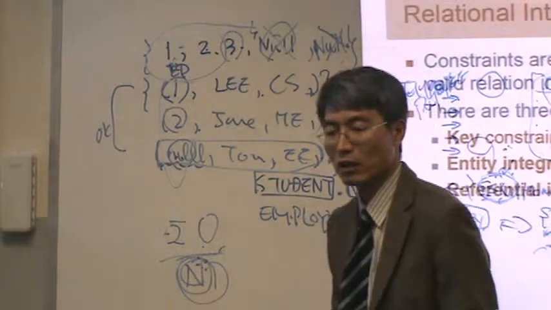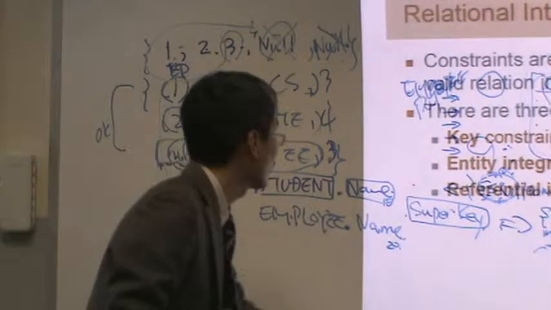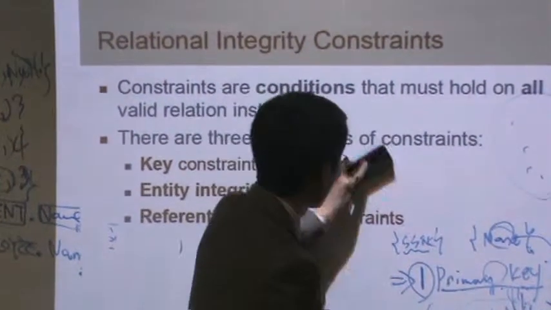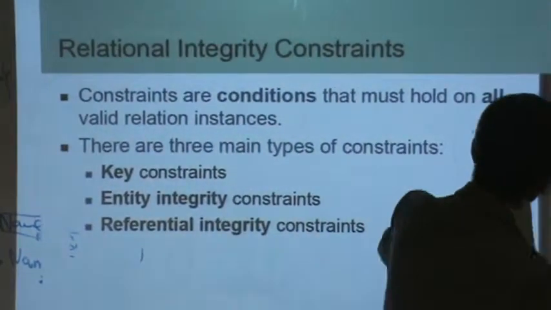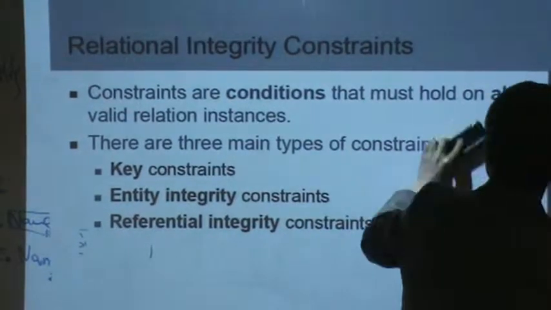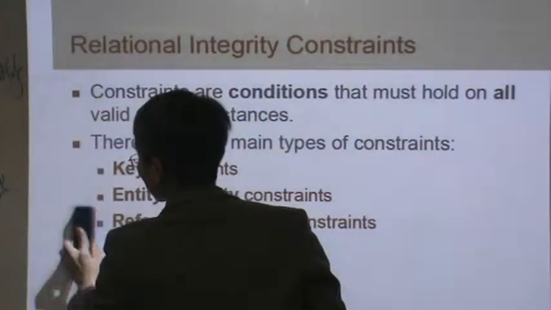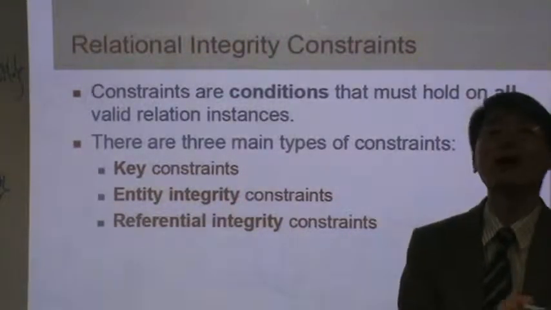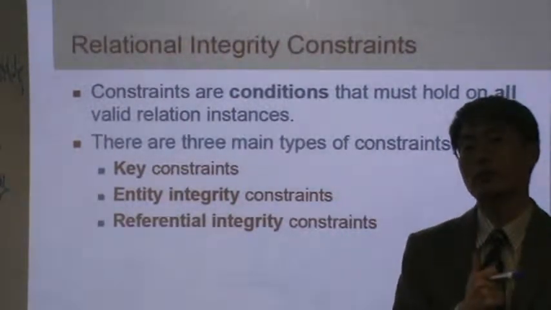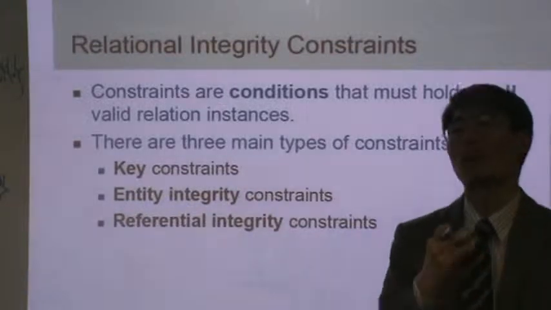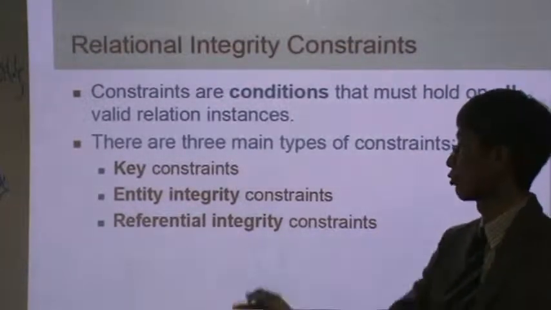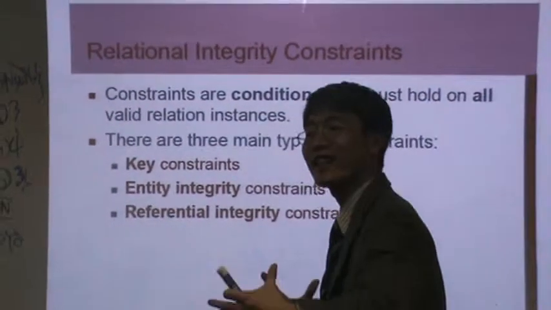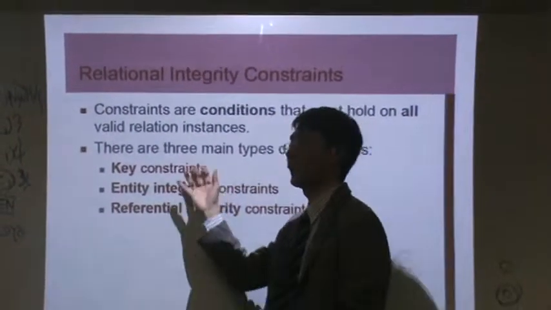So that is the key constraint and the entity integrity constraint. It's a very strong constraint. Because of that, a relational database management system is very fast to search data. Unique and non-null, so if we can apply indexing or ranking, it's very fast.